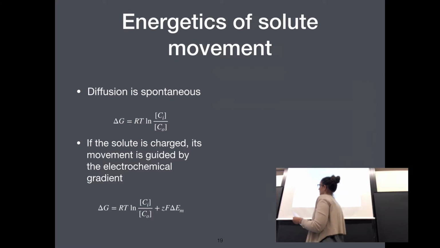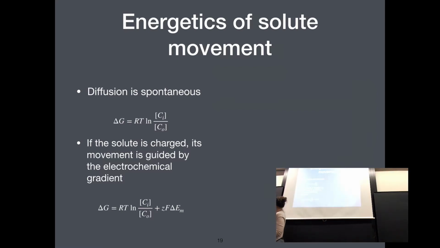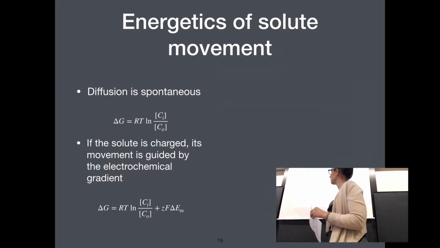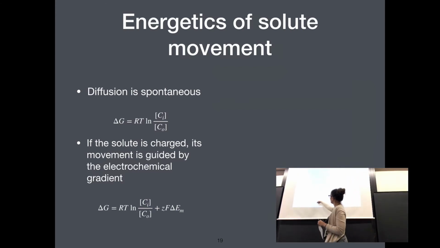So for an uncharged solute, a concentration difference of 10 gives you 1.4 kcals per mole, one way or the other. And then if it's a charged species, then the free energy is not only dependent on the concentration difference, but also on the charge of the solute by this equation, where Z is the valence of the ion, F is the Faraday constant, and delta EM is the electromotive force in volts, for example.